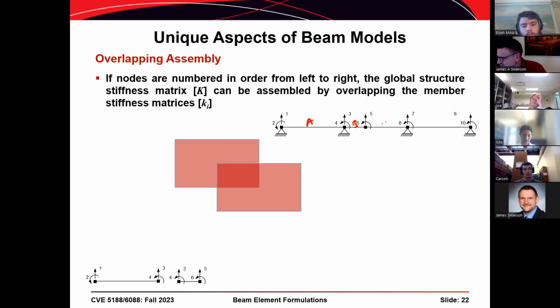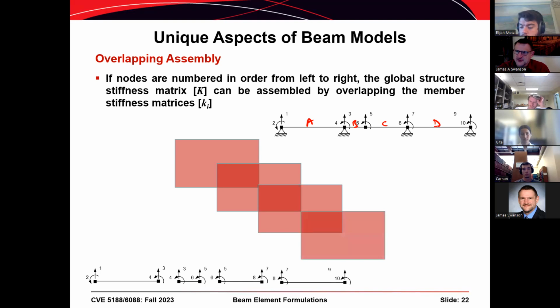When we do the same thing for member C, the first 2 degrees of freedom for member C are going to overlap with the third and the fourth degrees of freedom for member B. And then when we look at member D, the first 2 degrees of freedom for member D are going to overlap with the third and the fourth degrees of freedom for member C. And so when we go through our assembly process for a beam problem, it's very repeatable.